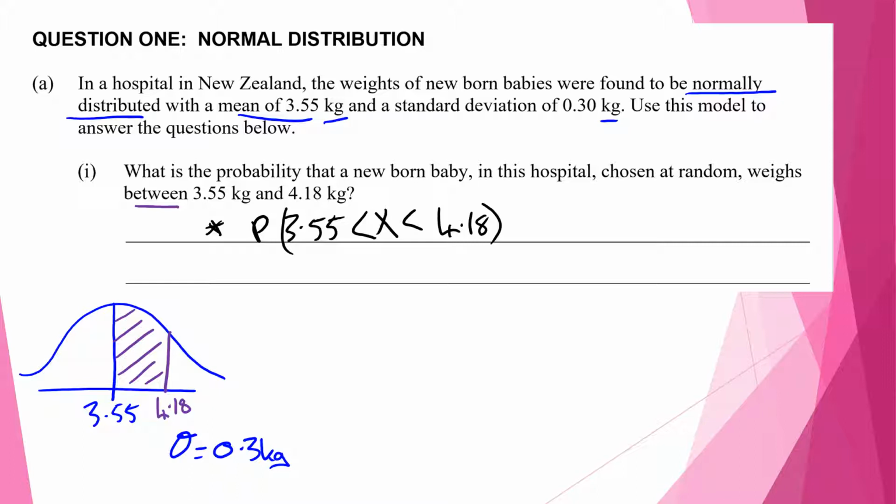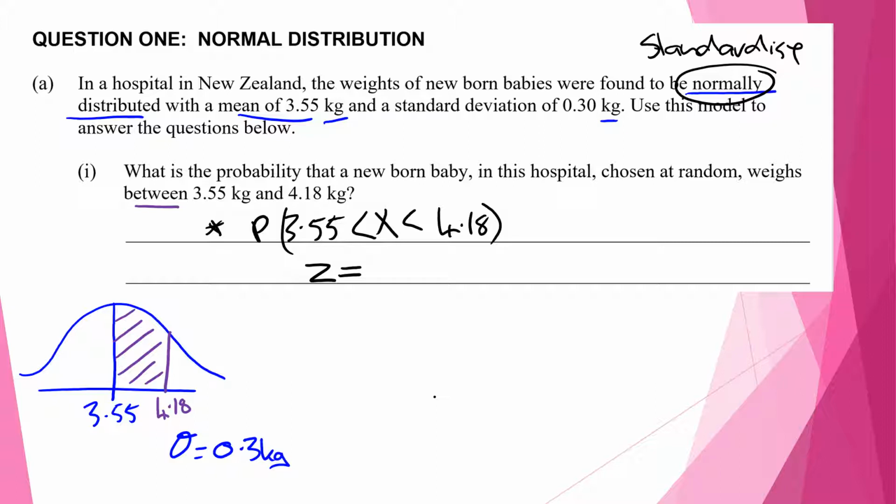Okay, so this is currently normally distributed, but what we need to do is standardize it. Standardizing it means we need to calculate the z value, so we can then use the standard normal distribution table to work out the probabilities.